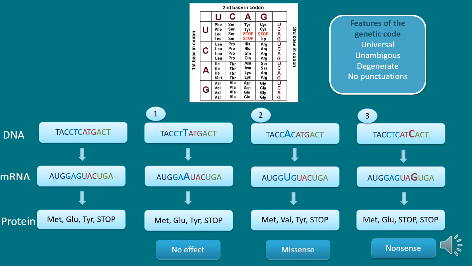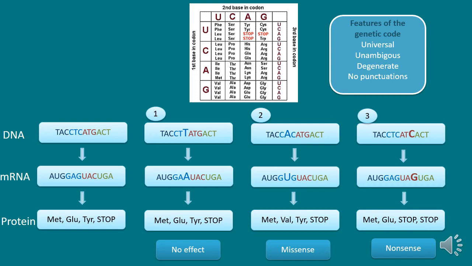Now if we look at our second example, here thymine is replaced with adenine. So which type of mutation is it? It's a substitution. Thymine is substituted with adenine.